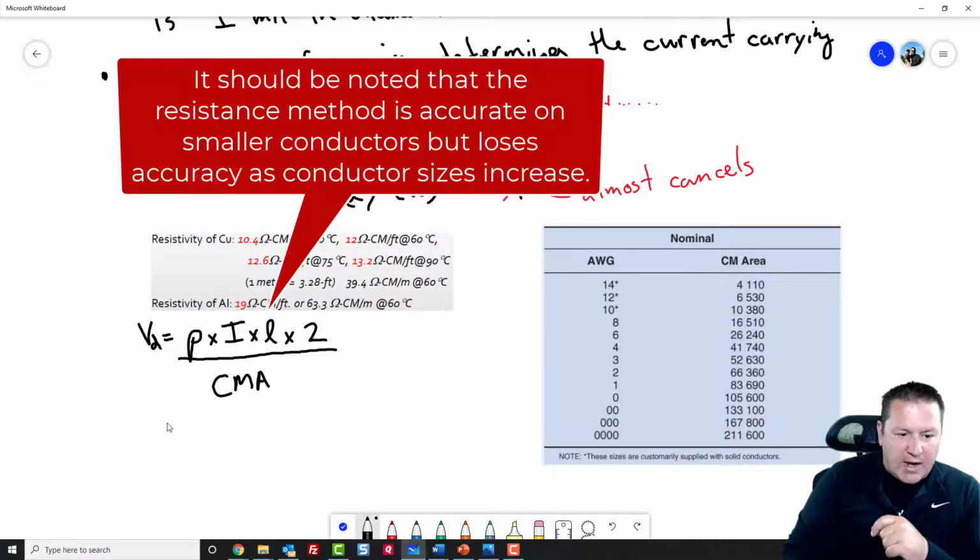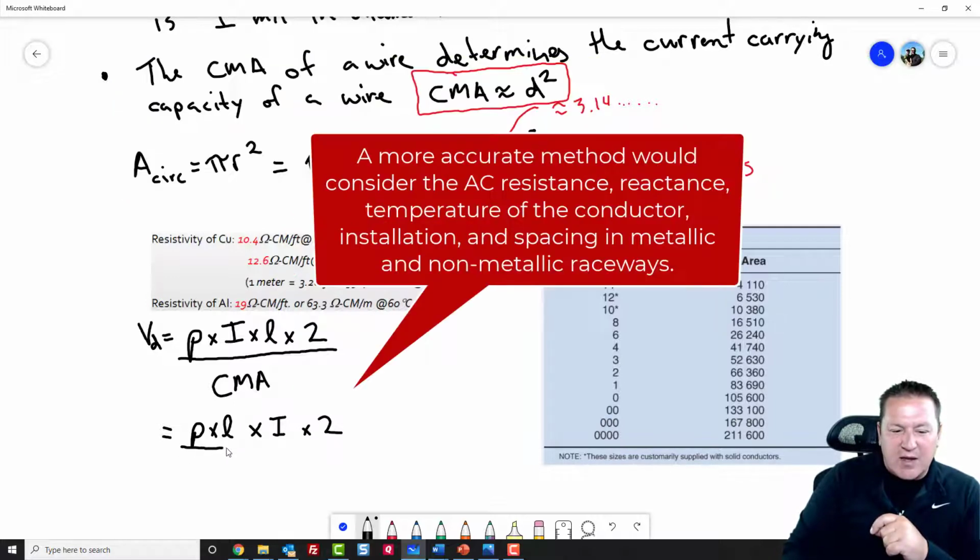So let's rewrite it like this. I'm going to rewrite it as the resistivity multiplied by the length over the CMA, multiplied by the current, and then we'll just multiply it by 2. I want to write it this way for a particular reason, because I want you to look at this part right here. What is that?